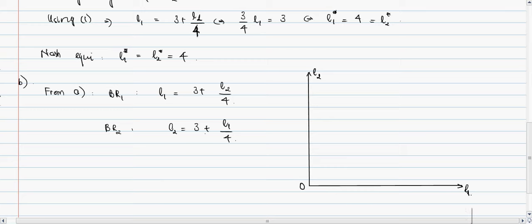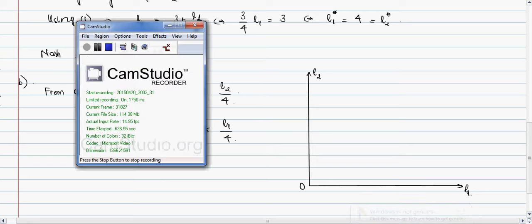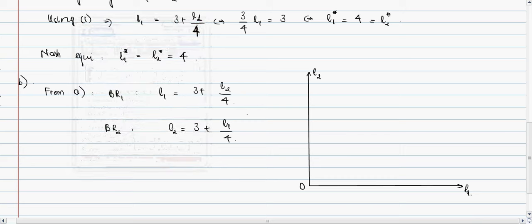I'll draw the best response function for person 1 first. Since L2 is on the vertical, it will be easier to rearrange the best response function of person 1 to make L2 the subject.